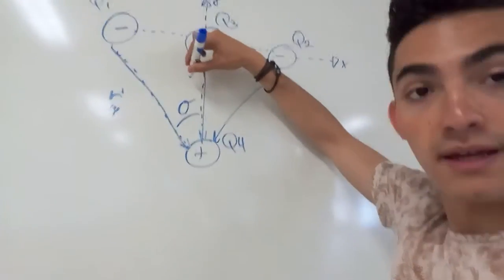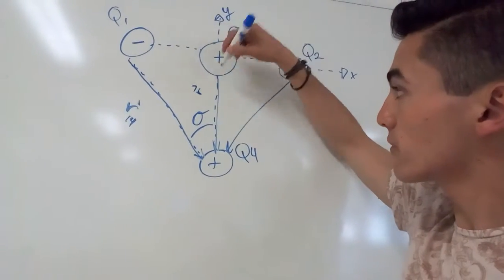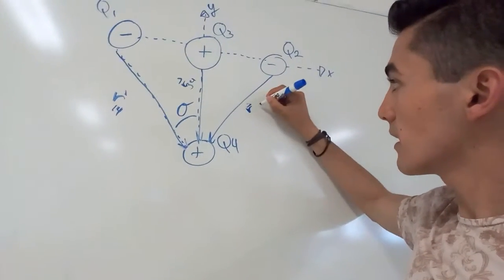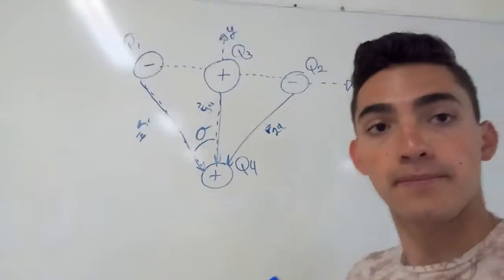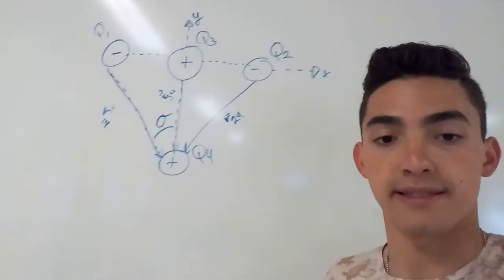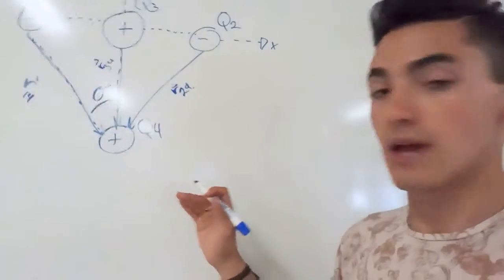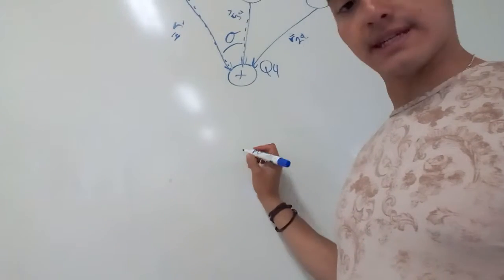This one here is going to be the r from 3 to 4, and this one here will be the r from 2 to 4. Once we notice the distances, we can calculate how the forces are acting here. I'm going to draw it right here for more detail.